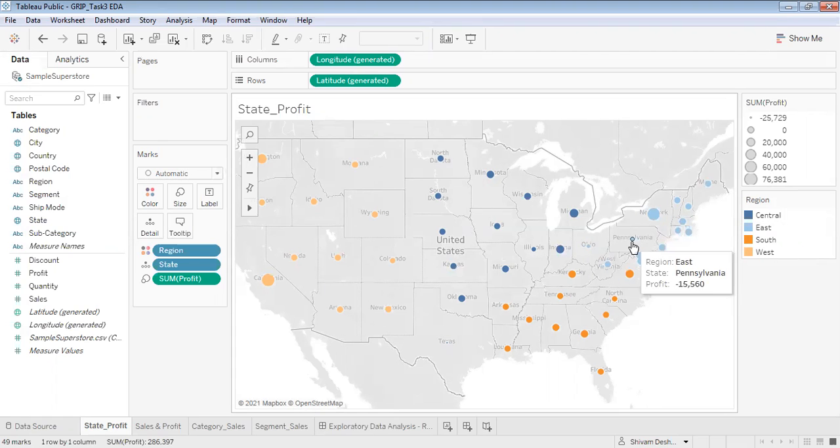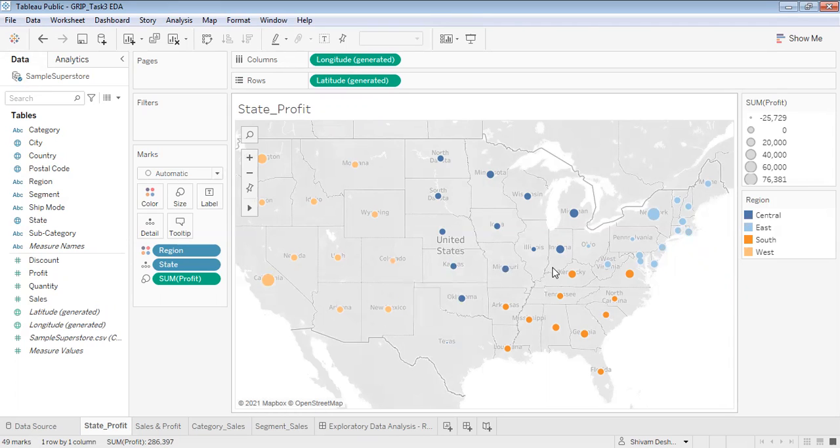Now we can see that in the east region, in the New York state, the profit is large. Then in California it is greater. The highest profit is in California.